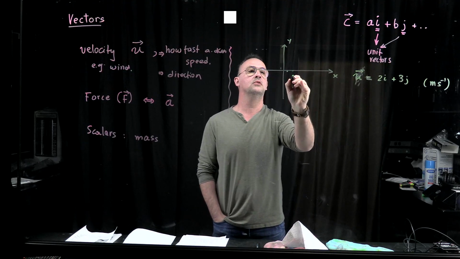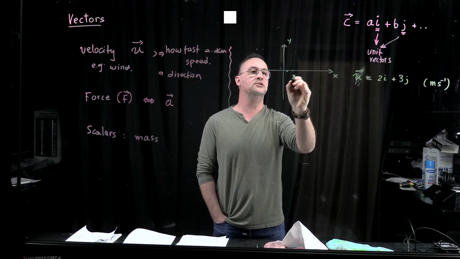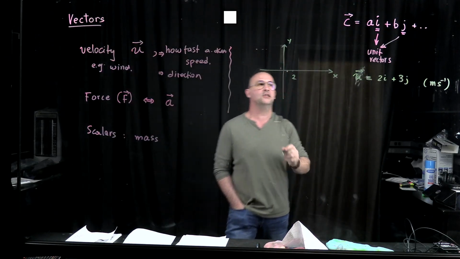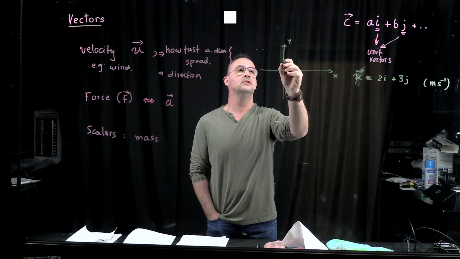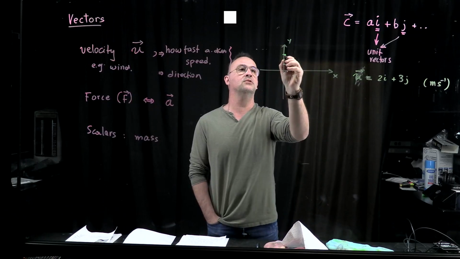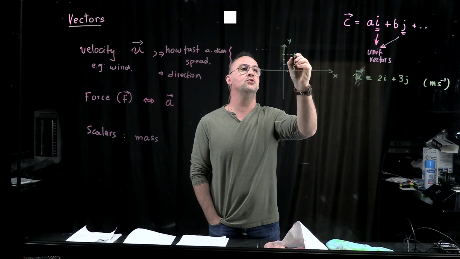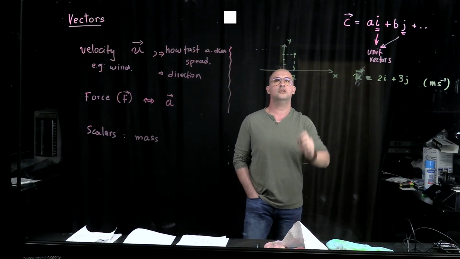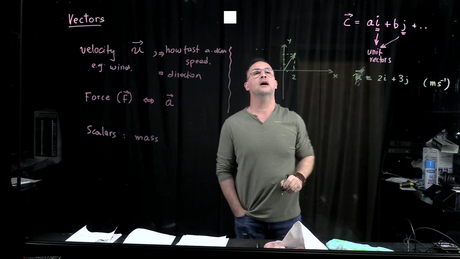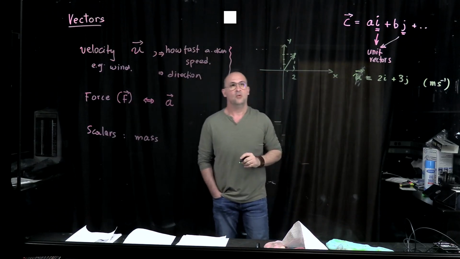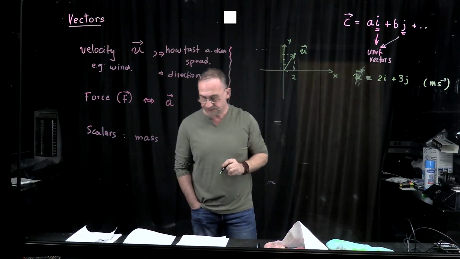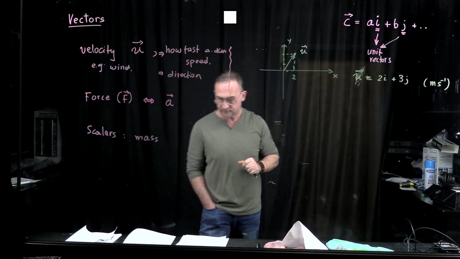We have 2 in the i, so 2 units along the x direction, and 1, 2, 3: 3 units of j along the y direction. These 2 points are 2 and 3, and from the center of the axes, we're going to draw an arrow, and this is our vector u.